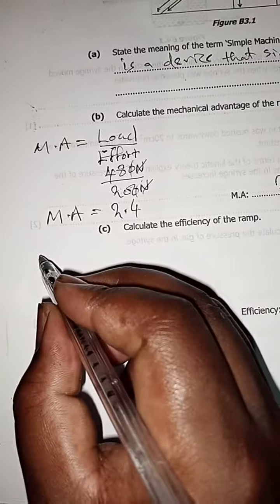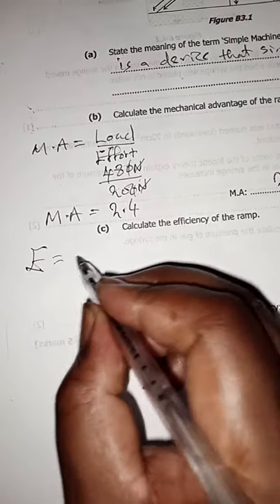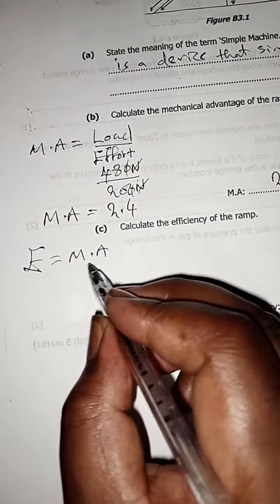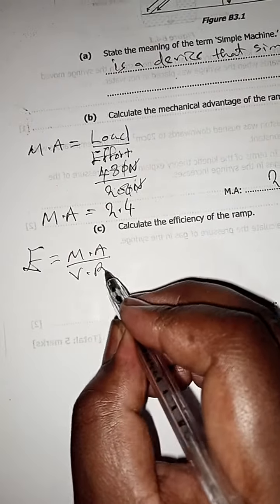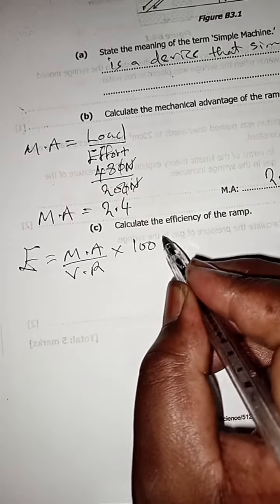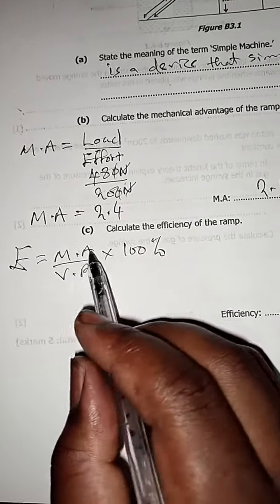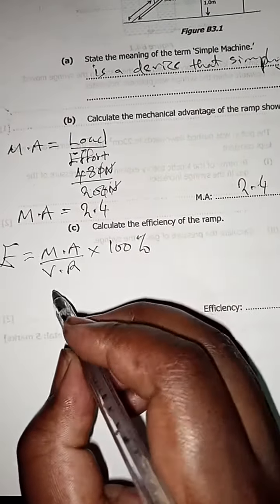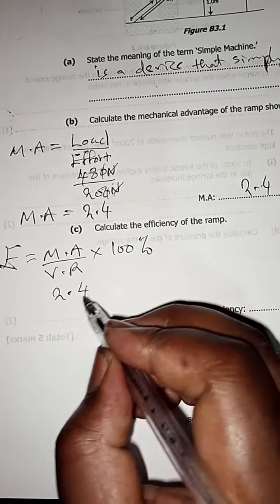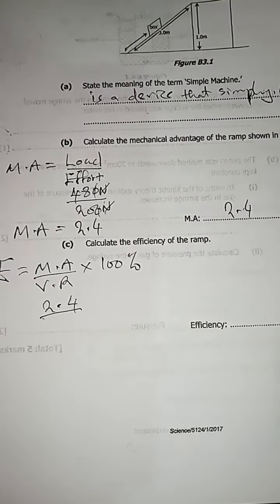Calculate the efficiency of the ramp. So efficiency is equal to mechanical advantage over velocity ratio times 100%. The mechanical advantage I have is 2.4. I need to find the velocity ratio.